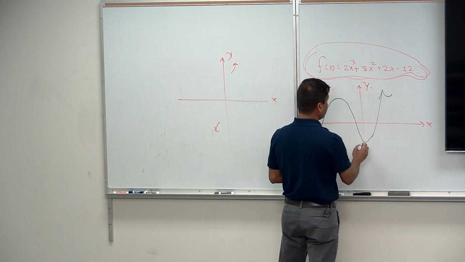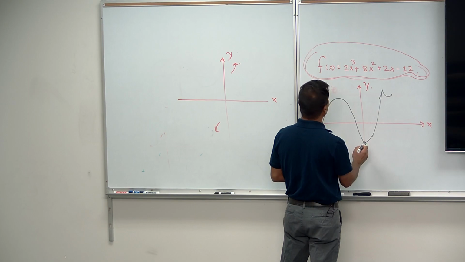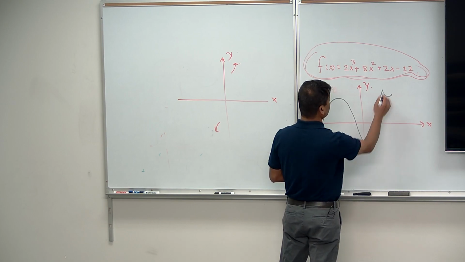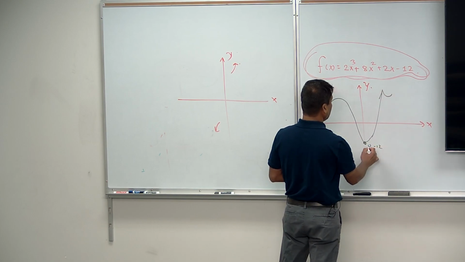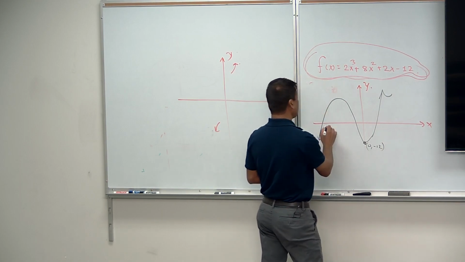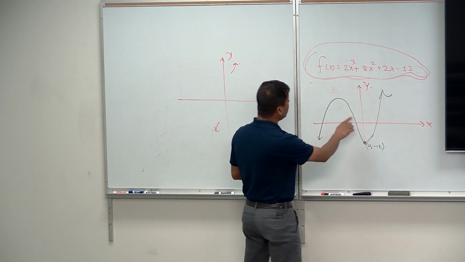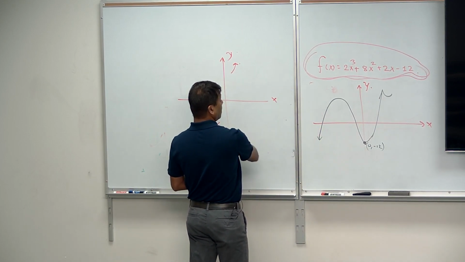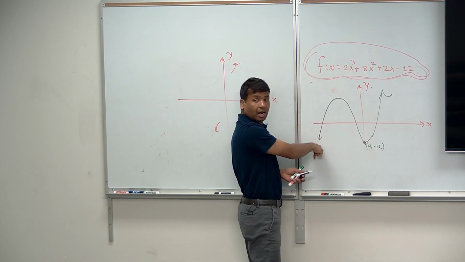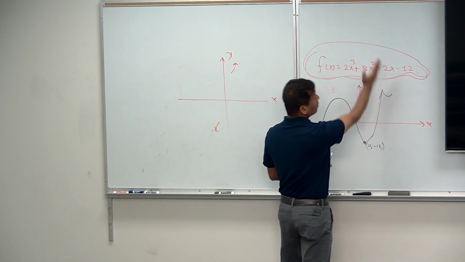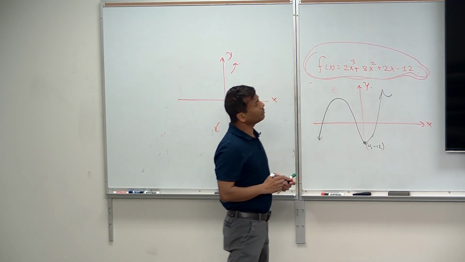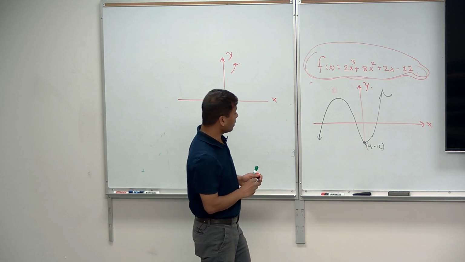This point is where, if you plug in x equal to 0, you get 0, -12. Now if you look at the end behavior of this function, it is similar to this. It falls to the left, rises to the right. That makes sense? Okay.